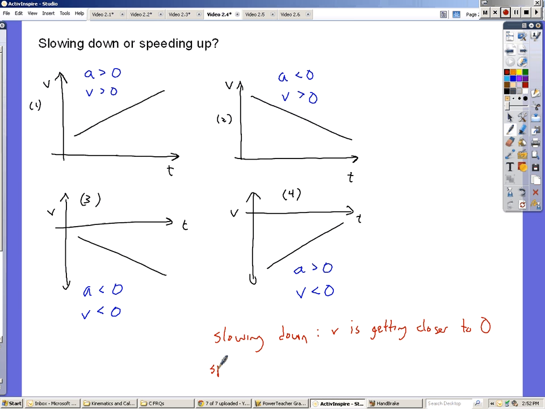Whereas if it's speeding up, v is getting farther from 0. So this one is speeding up. This one is also speeding up. And then these two are slowing down.